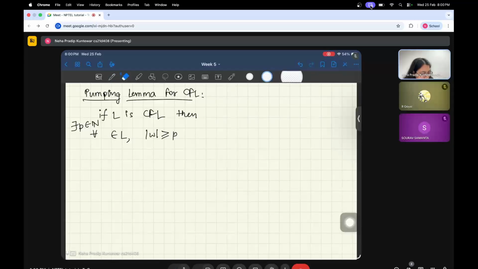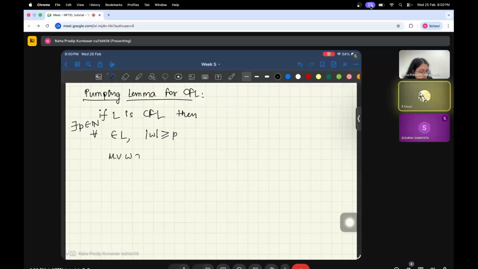So there exists an s, s is an element of L, wherein the length of s is greater than or equal to p, such that s is partitioned as u, v, w, x, y.